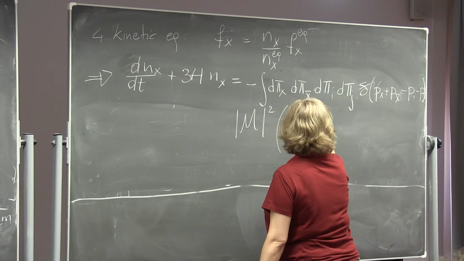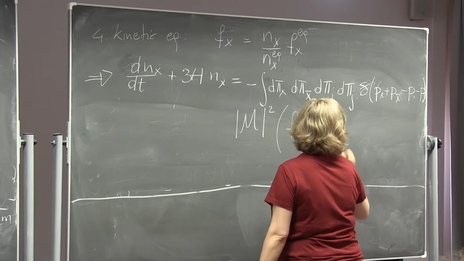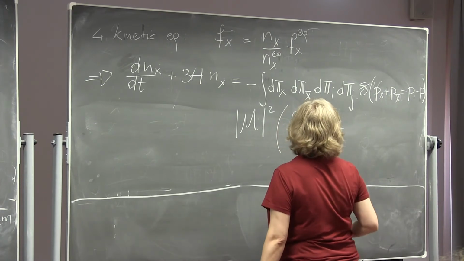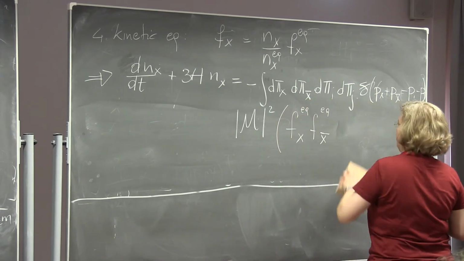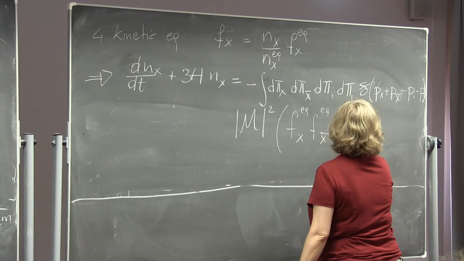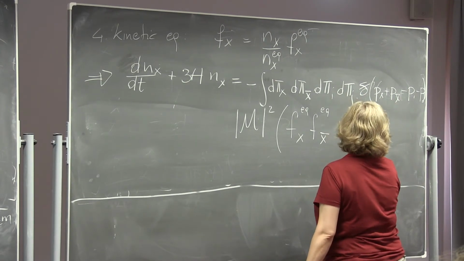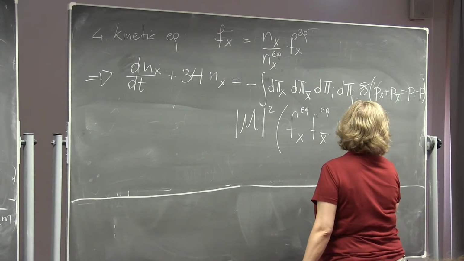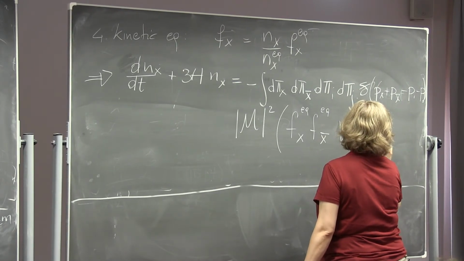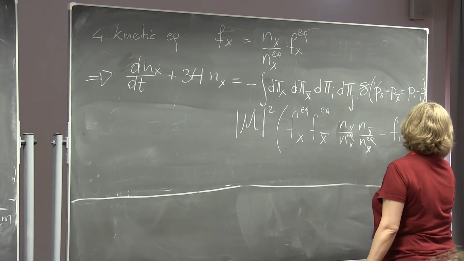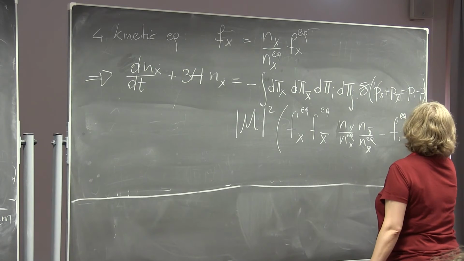And then I have the difference in the distribution functions. I have f_x f_x bar, which here I can write as the equilibrium one times n_x over n equilibrium, minus the f_i and f_j, which are also in equilibrium.